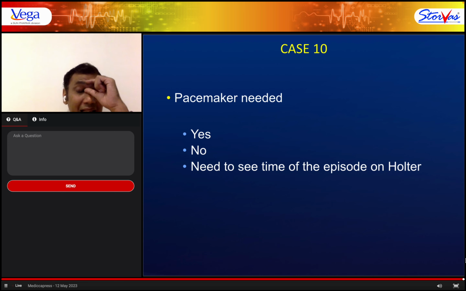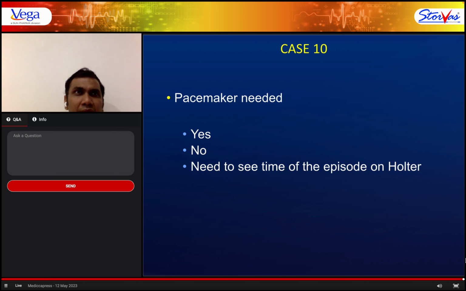Remember, the patient has had a syncope, so there may be other mechanisms of syncope than the sinus pause, and it is not uncommon for us to see sinus pauses at night time when the patient is sleeping, especially in patients who have obstructive sleep apnea. So whenever you see sinus pauses on a Holter, make sure that you look at the sinus pause timing to decide whether or not this patient needs a pacemaker.